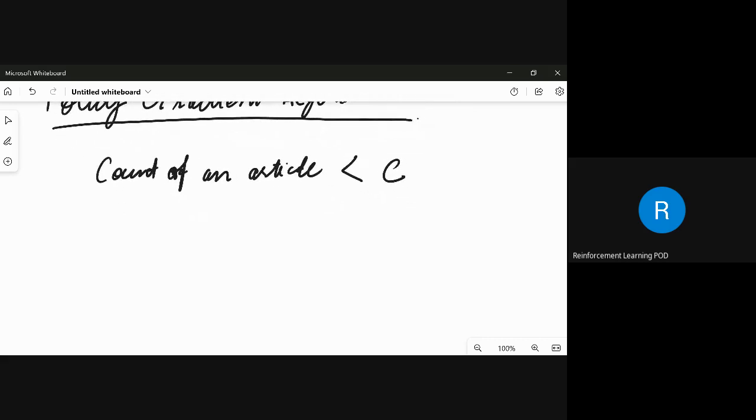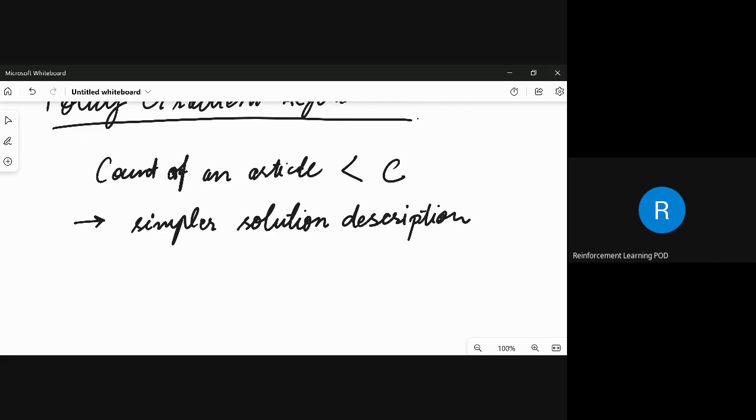A few other benefits that sir mentioned in the lecture are that they lead to a simpler solution description, because we directly store just pi of a given s.